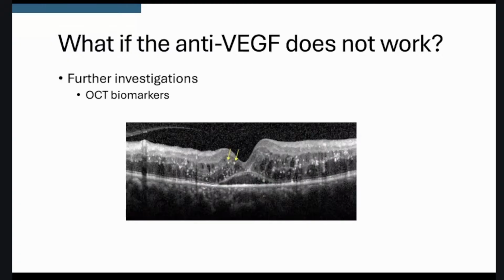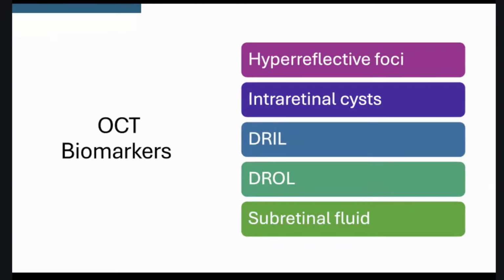So those are some of the biomarkers that we look at in deciding what treatment the patient should get. And so for patients with multiple hyperreflective foci, not just one or two, with these large intraretinal cysts, those patients seem to respond better to steroids. And so you might need to consider switching those patients to steroids rather.